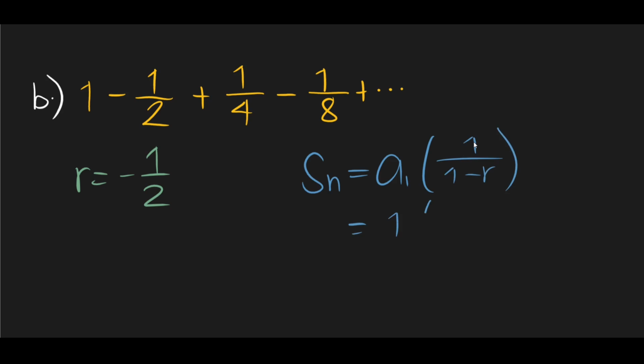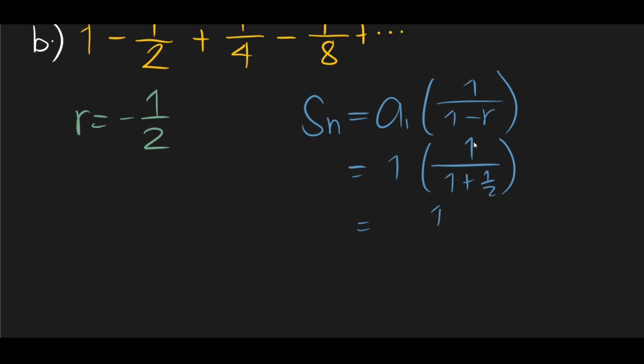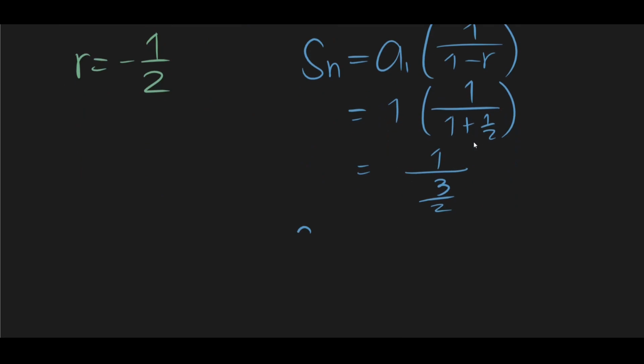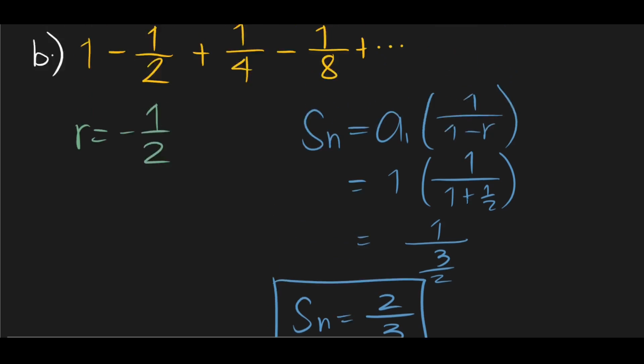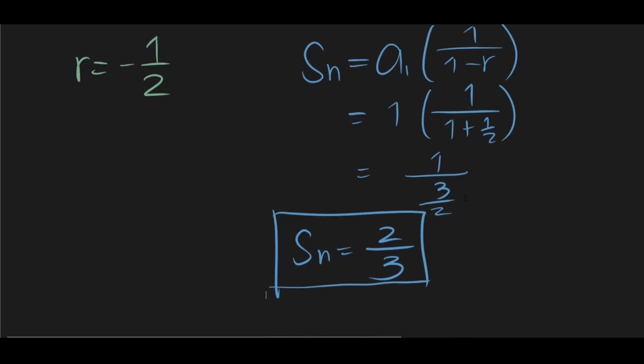Our A1 is again 1. So minus -1/2 will be plus 1/2, so this is equal to 1 over 3/2, right? So our Sn therefore is 2/3. This is the sum of this particular geometric series.